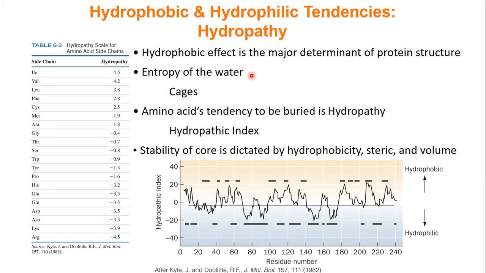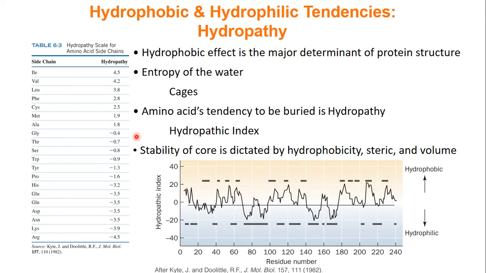They don't want to interact with hydrophobic molecules because they cannot hydrogen bond with them. So what happens in a protein is that all these hydrophobic residues are going to be pushed towards the center, and they're all going to be what we call buried, or in the interior of a protein, while the polar and charged residues will be on the exterior because they can hydrogen bond with water.